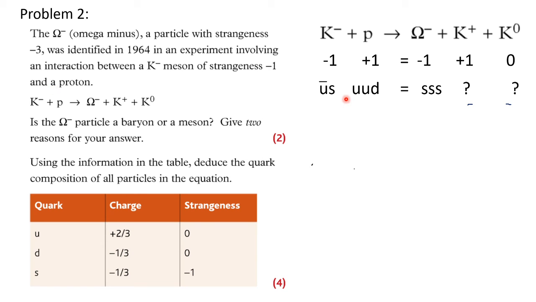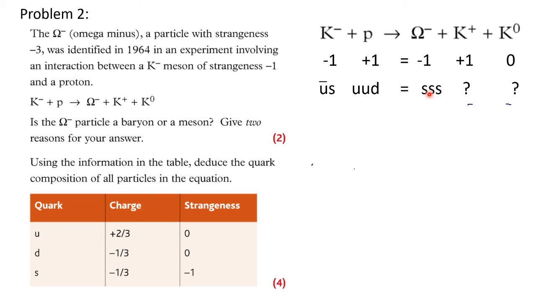A strangeness of minus 3 can only be obtained with 3 quarks. If it were a particle and antiparticle, there can't be 3, because one strange quark gives minus 1, then anti-strange gives plus 1, so it is not possible. So with that idea you can give the firm answer there, right?